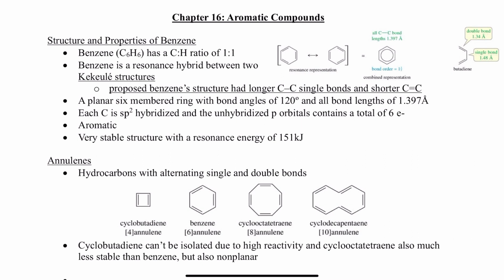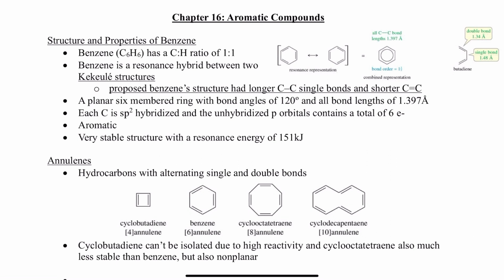So benzene has a carbon to hydrogen ratio of 1:1, a very, very low ratio. Benzene is also a resonance hybrid between two Kekulé structures. So the Kekulé structure proposed that the benzene structure had longer carbon-carbon single bonds and shorter carbon-carbon double bonds.